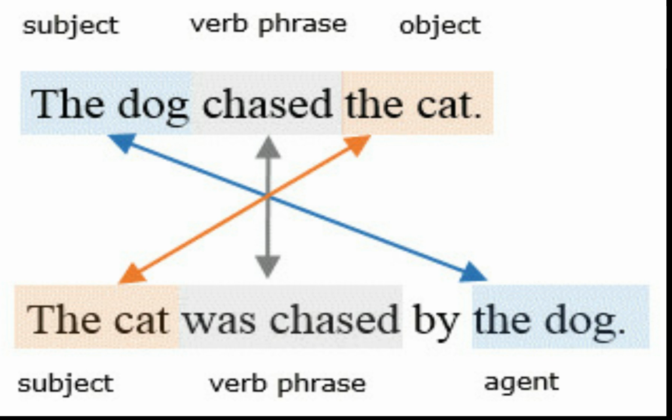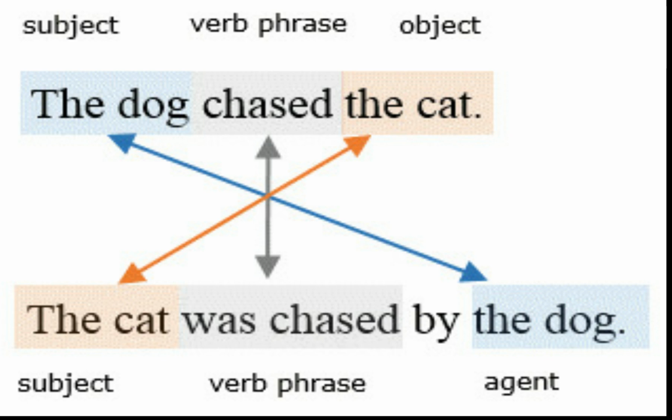However, in the second sentence, which is the passive voice or the passive form, the cat is in the beginning of the sentence, and it turned to be a subject in the sentence. However, the dog was put at the end of the sentence as an agent. So the sentence is like this: the cat was chased by the dog.